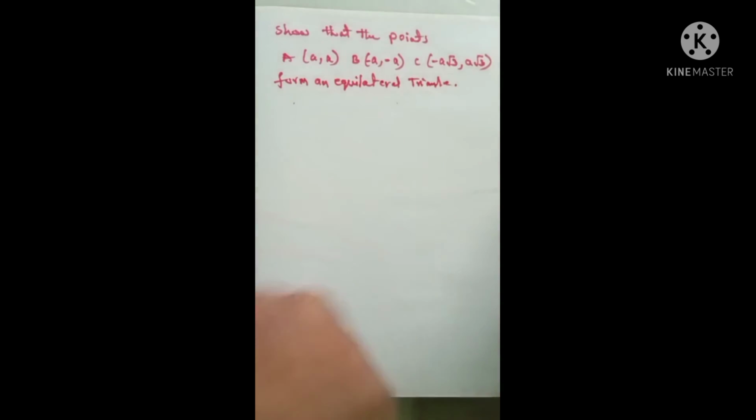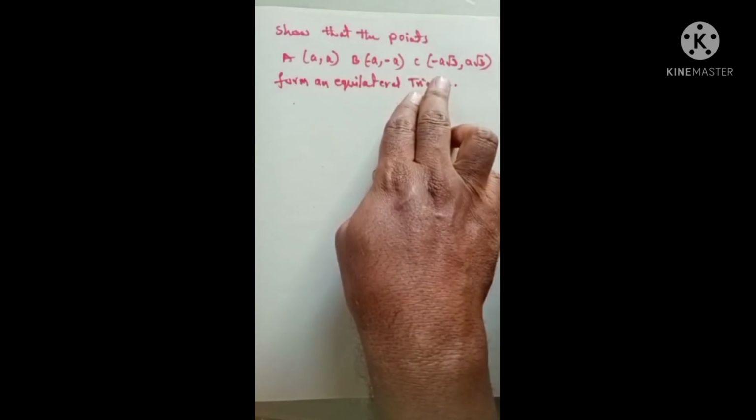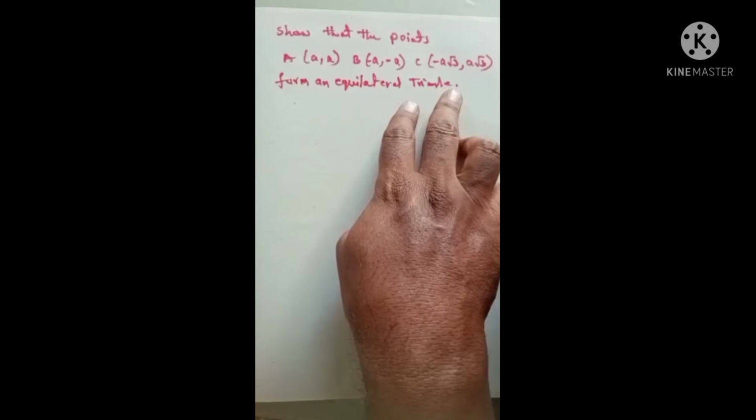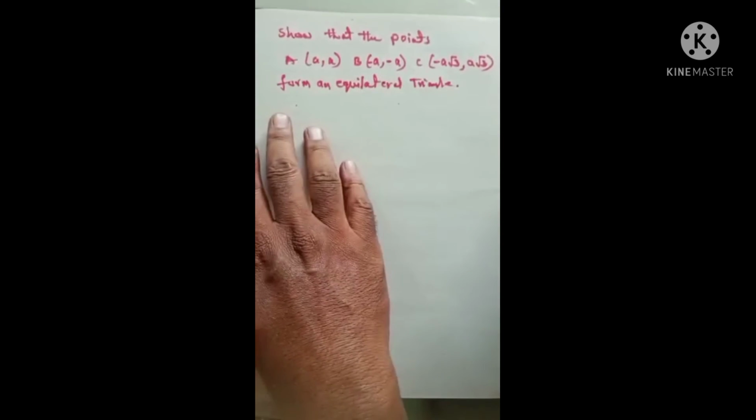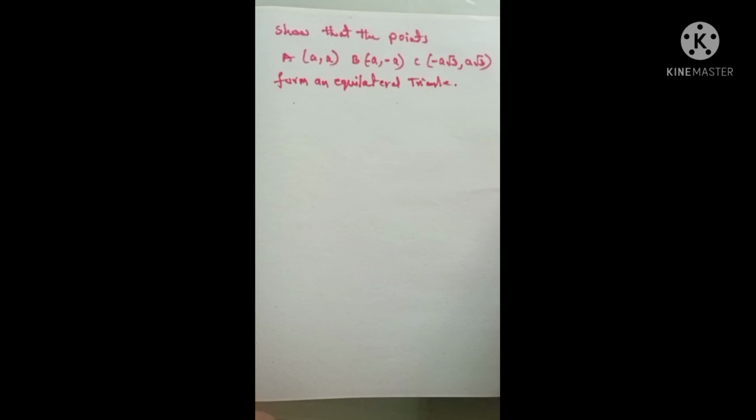So this is one type of question. Sometimes they will ask you to form an equilateral triangle, sometimes an isosceles, or a right angle triangle. Whatever it may be, the pattern is the same. But here it is an equilateral triangle that is being asked.